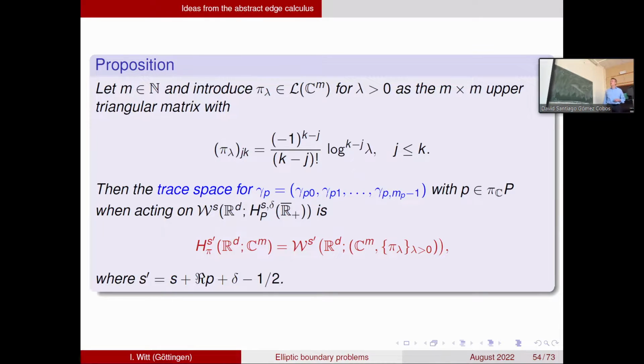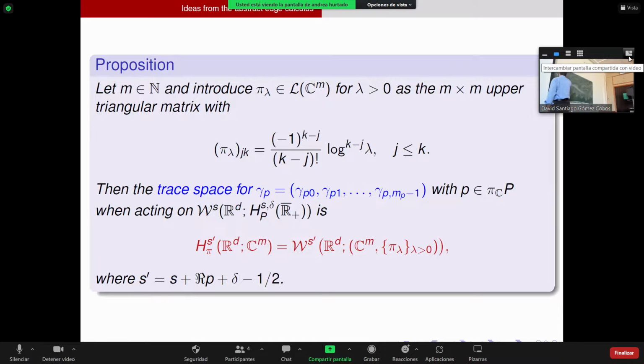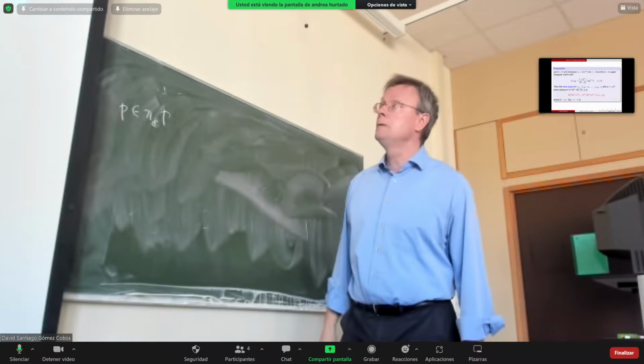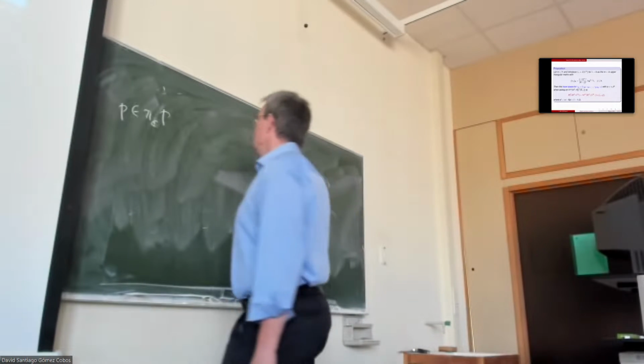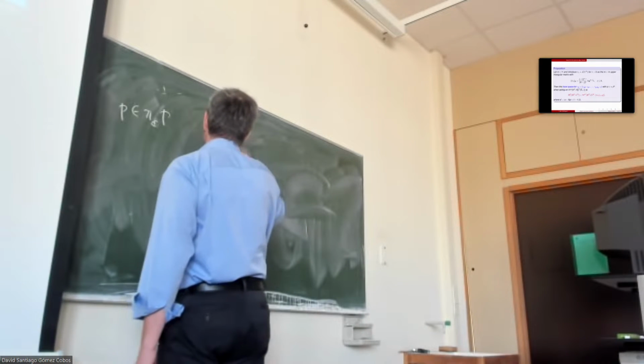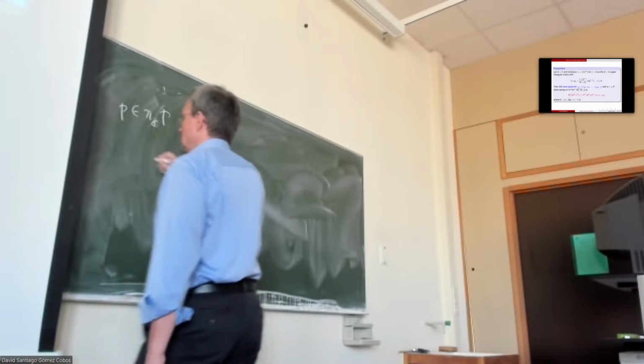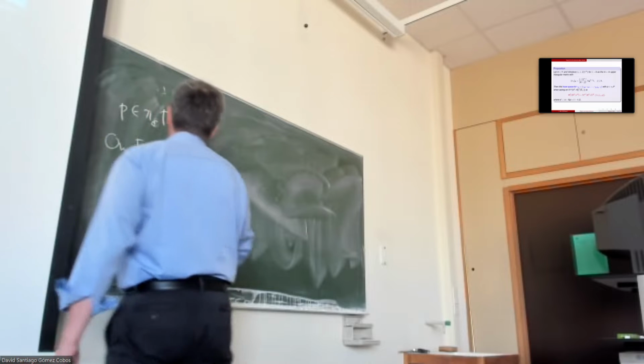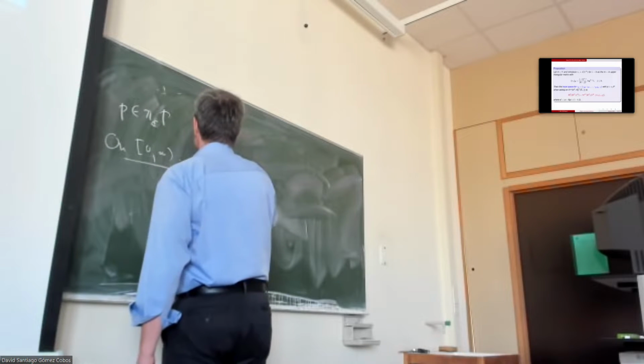Now we come to the asymptotic space. If you have some p in our asymptotic type, say with multiplicity mp, then on R plus, on 0 to infinity, we basically have asymptotic expansions like that.